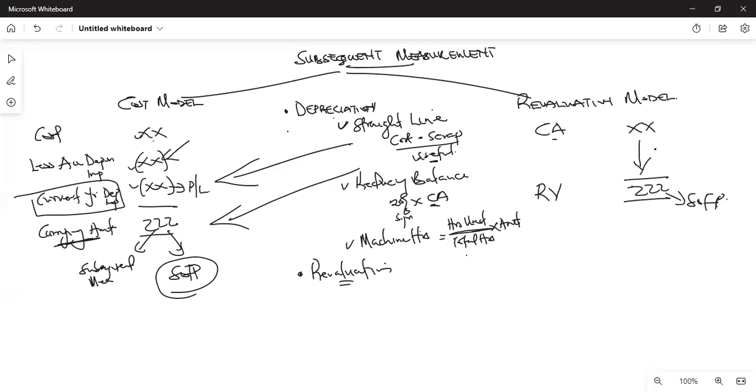Now, what will happen is that there will be some differences. So assuming this one is 10,000 and you revalue it to 20,000, there is a difference of what? 10,000, is that not it? That difference is called revaluation surplus, which will go to your OCI, your other comprehensive income.